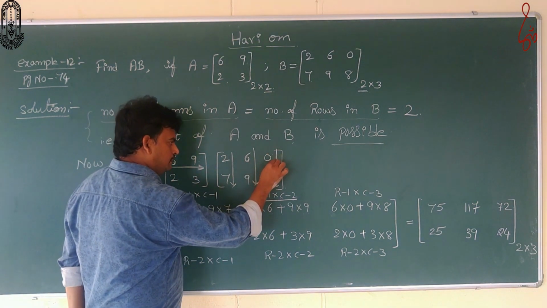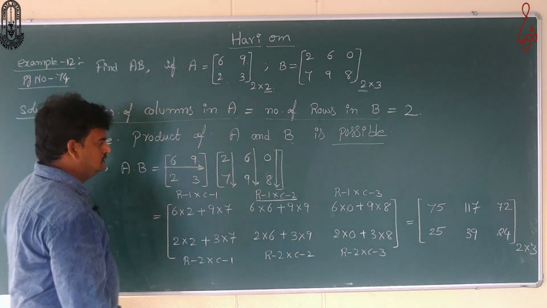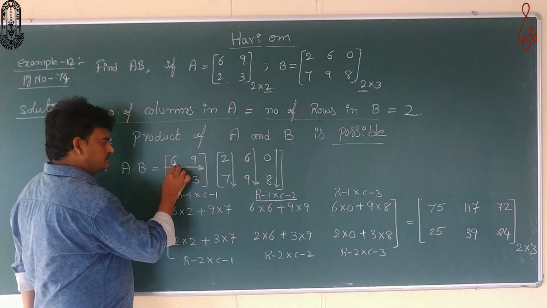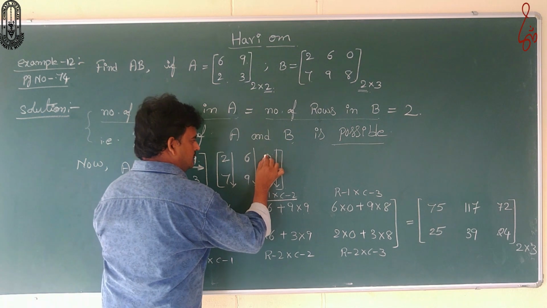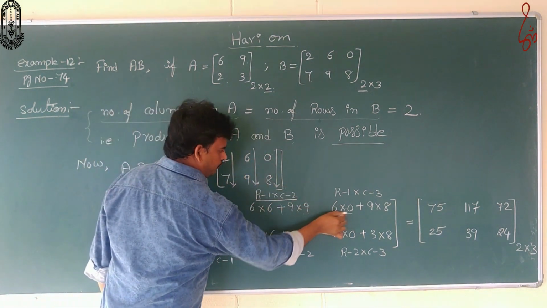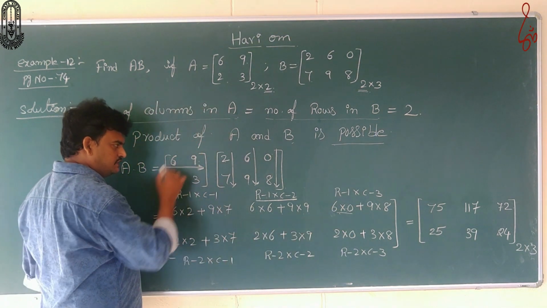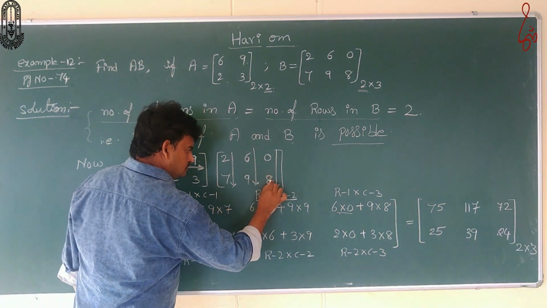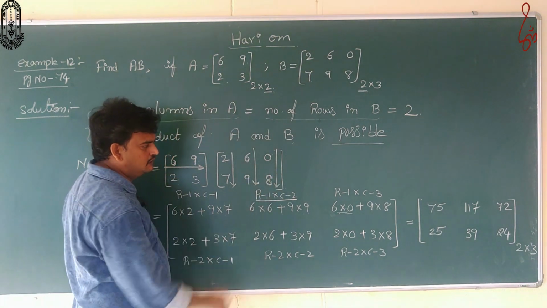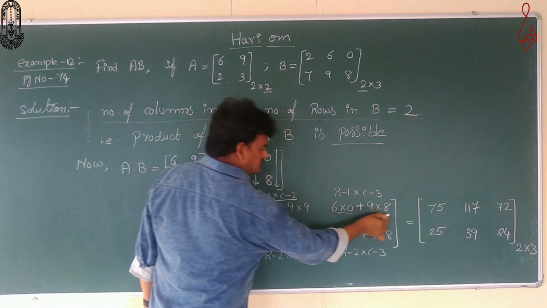Next we are going to multiply third column elements. First element in the first row with first element in the third column, 6 into 0, plus second element in the first row with second element in the third column, 9 eights.